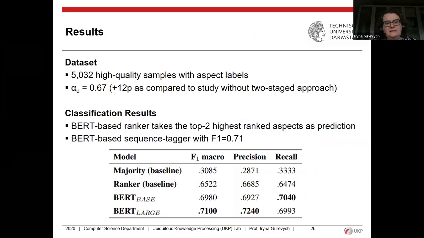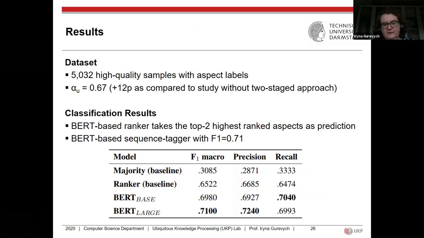So the resulting data set has much higher agreement. We have Krippendorff's alpha of 0.67. This is 12 percentage points more as compared to the study without a two-stage approach. And this way we can collect a data set of about 5,000 training instances with argument aspect labels.